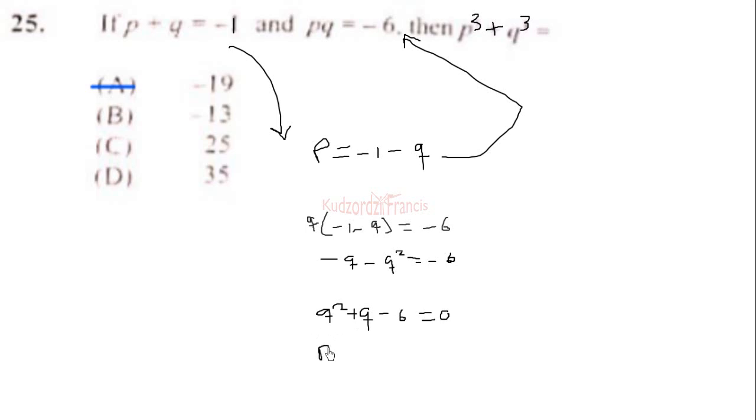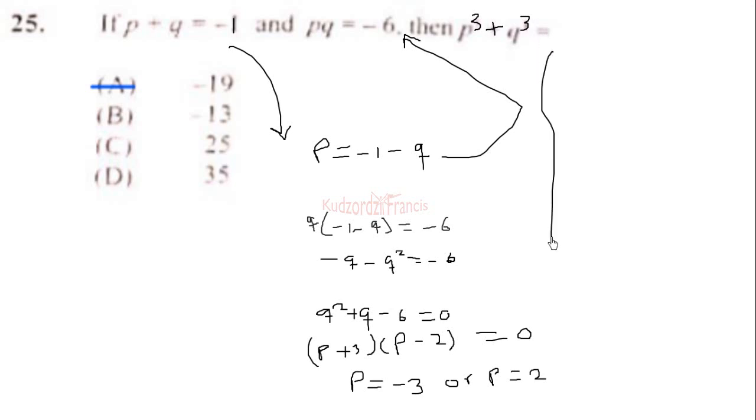So we have the factors to be P plus 3, then P minus 2 is equal to 0. So this tells us that either P is equal to -3 or P is equal to 2.